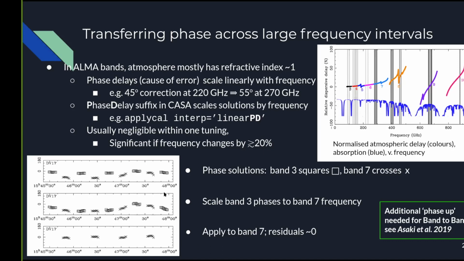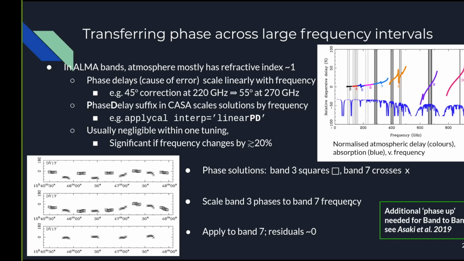And this is also what's used in band-to-band phase referencing, where you can see that the phases change quite drastically if you look at the solutions in the top panel between band 3 and band 7. But if you scale the band 3 corrections by the ratio of the band frequencies, then you can apply them properly. There's actually a lot more complications in band-to-band phase referencing, and you should see the paper by Yoshiaki Asaki and Luke Maud on that if you do get band-to-band data, which is likely to come through in the next cycle, I think.